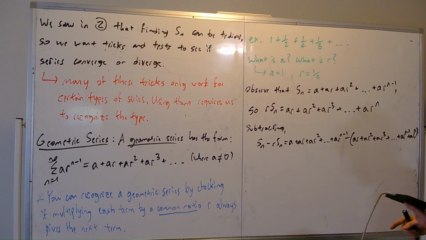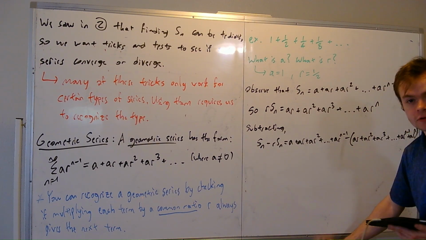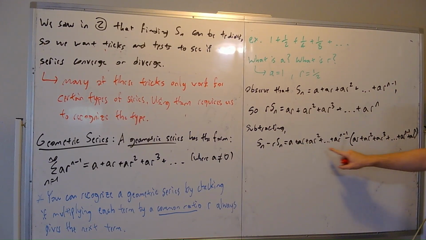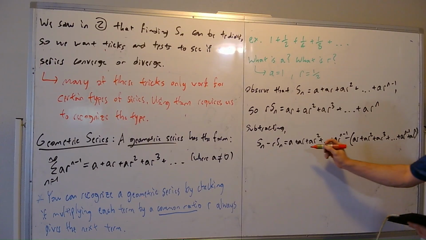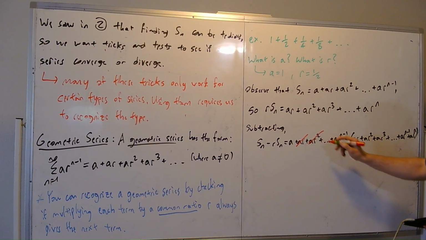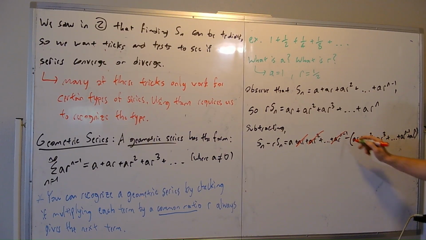And now, if you notice, we can just pair together each of these terms. ar also appears over here, so we've got ar minus ar, that cancels. Ar squared minus ar squared, that cancels. And all of these are going to cancel out.